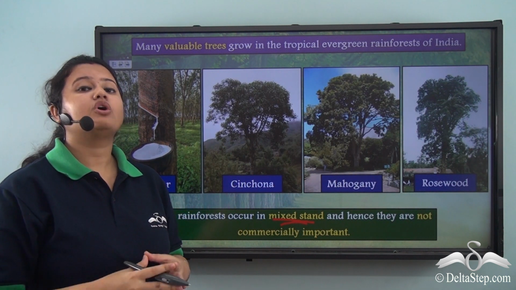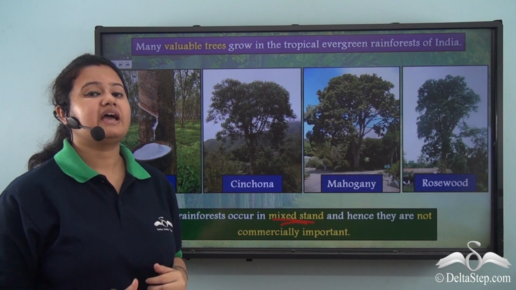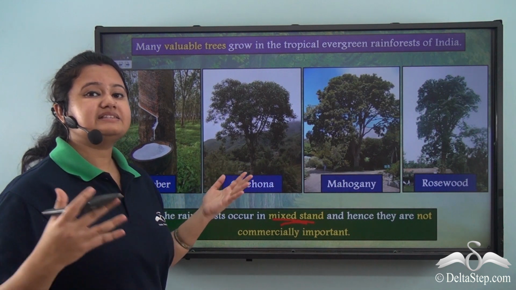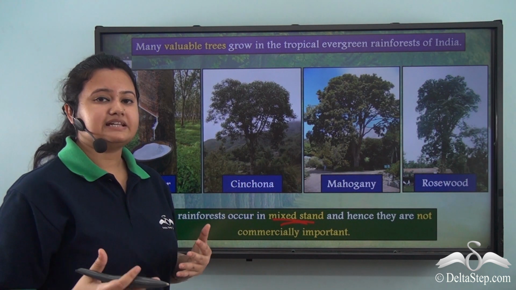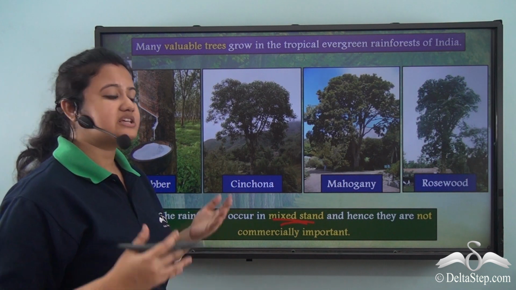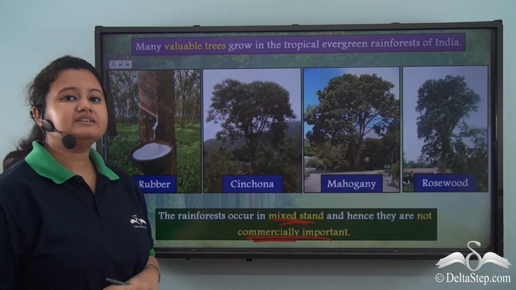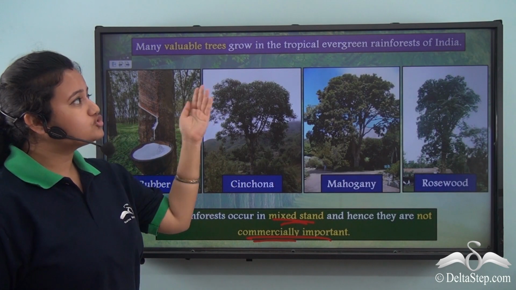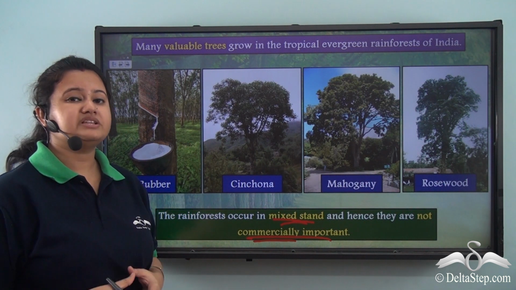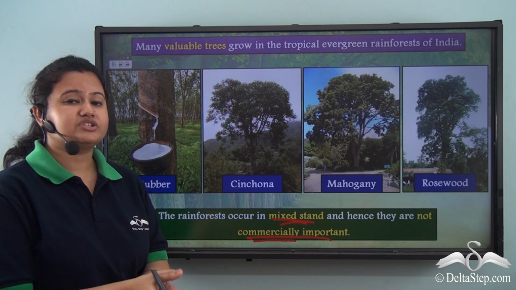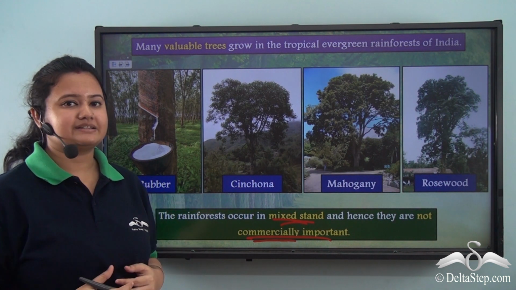So it becomes almost impossible to identify a particular plant species, and therefore these dense evergreen forests cannot be exploited very easily, and thus the rainforests are not commercially important. Thus, we find that although tropical evergreen forests consist of many valuable trees, they cannot be exploited commercially as the trees occur in mixed stand.